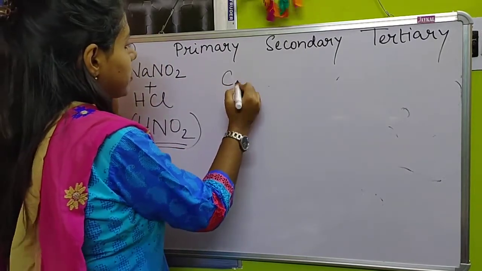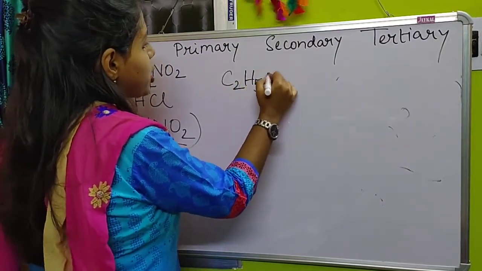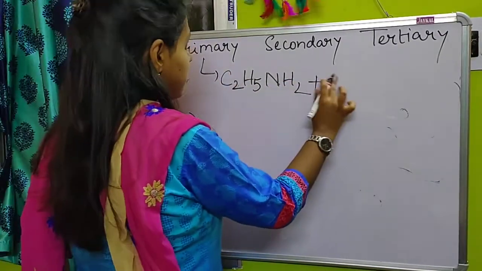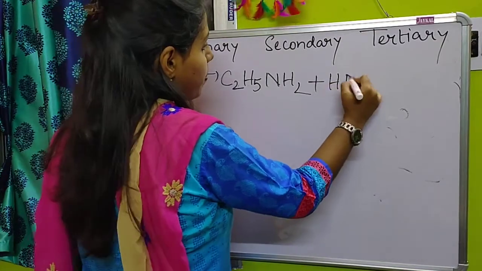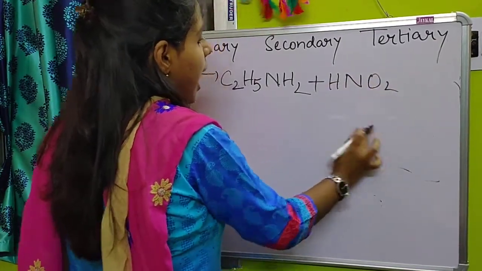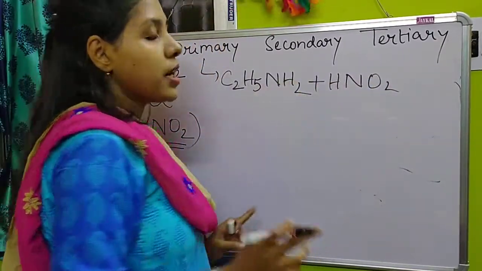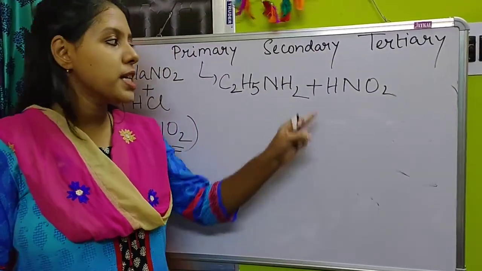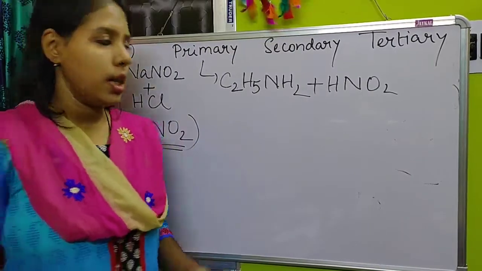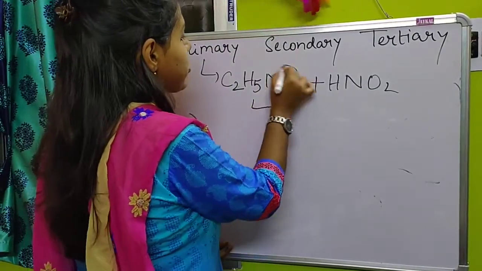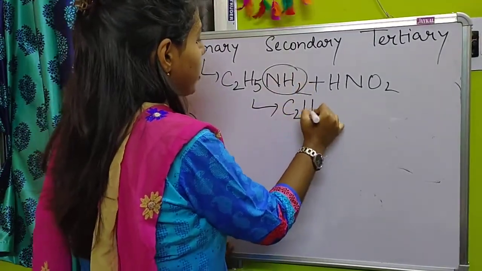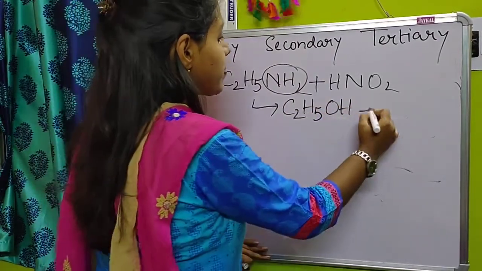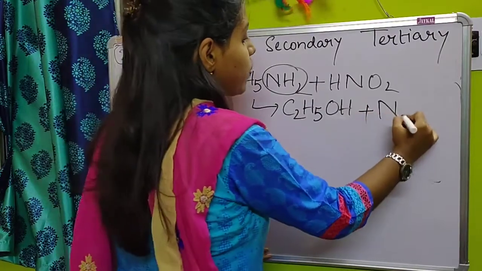First, C2H5NH2, a primary amine we are taking here, plus HNO2. Whenever a primary amine reacts with nitrous acid, it will form an alcohol. That means this NH2 group will be changed into an alcoholic OH group, plus nitrogen gas will be released.